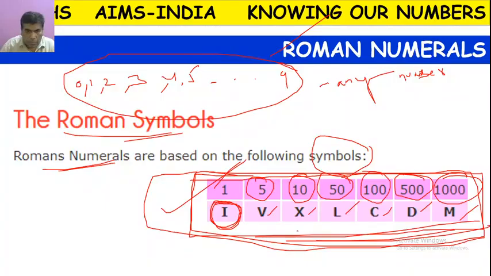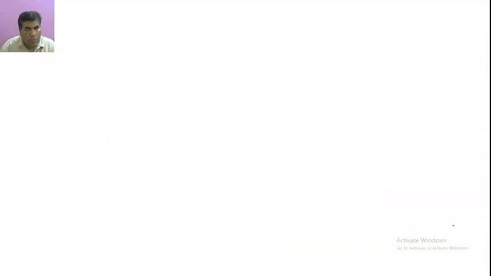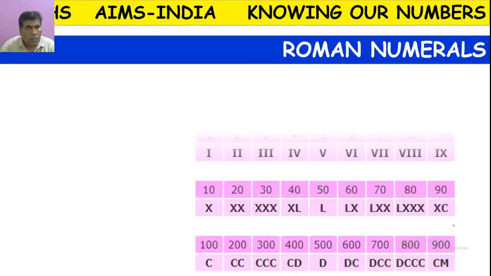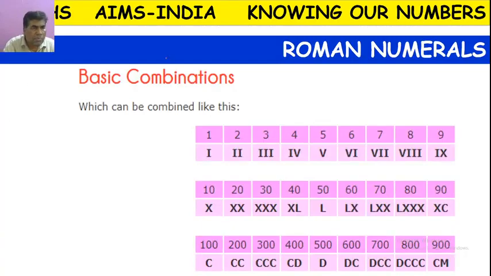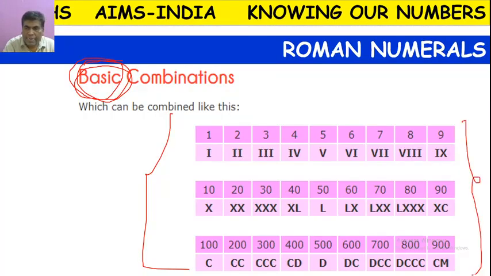Once again, 1 is I, 5 is V, 10 is X, 50 is L, 100 is C, 500 is D, 1000 is M. So let's see some basic combinations.